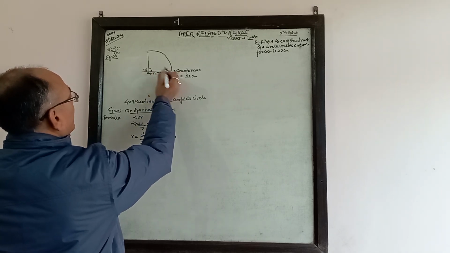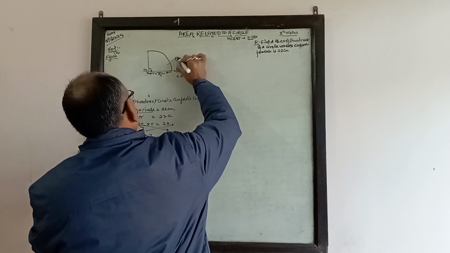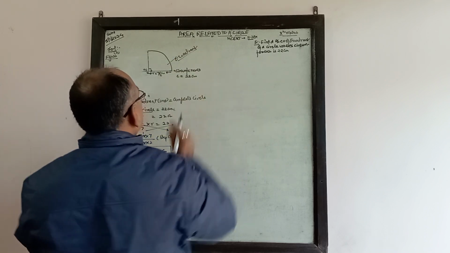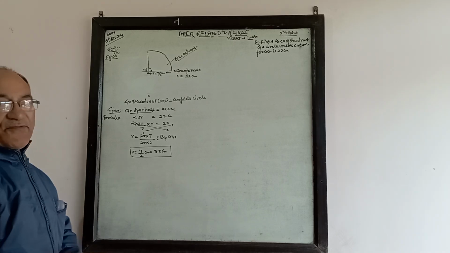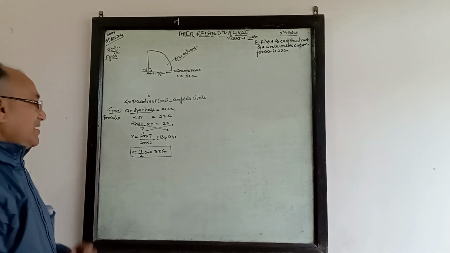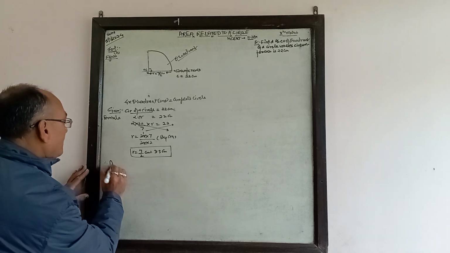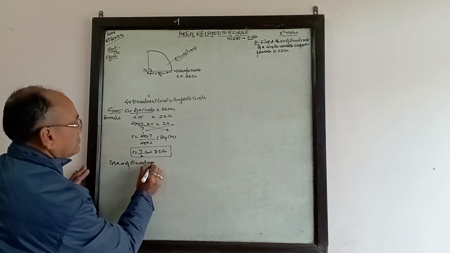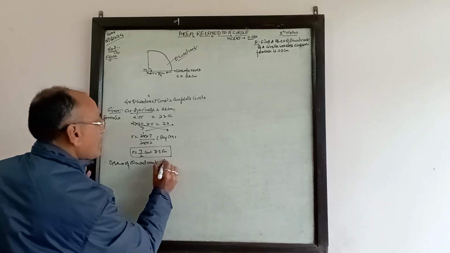This we have to find. Now after removing the 3 by 4 part of this, this one is the balanced one, the quadrant. So you have to find out the area of quadrant, which is equal to 1 by 4.